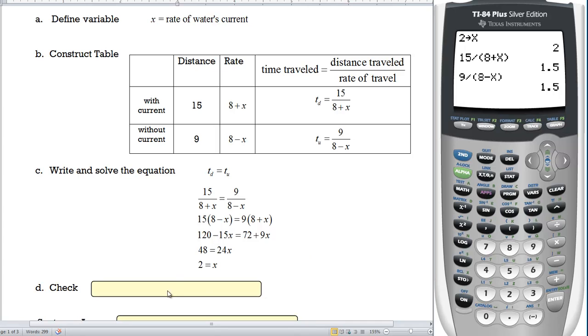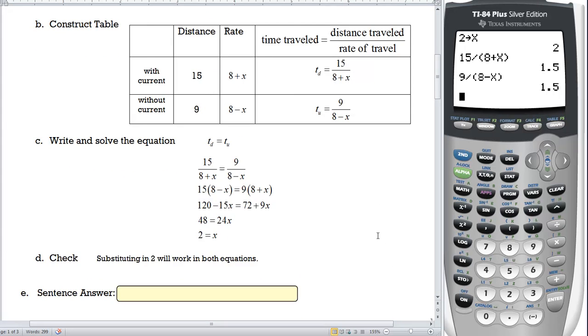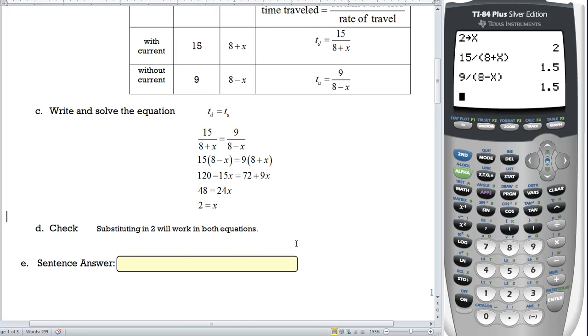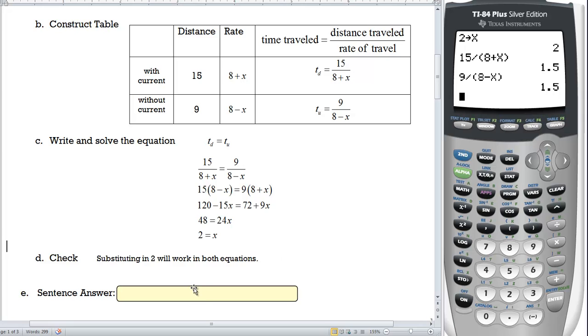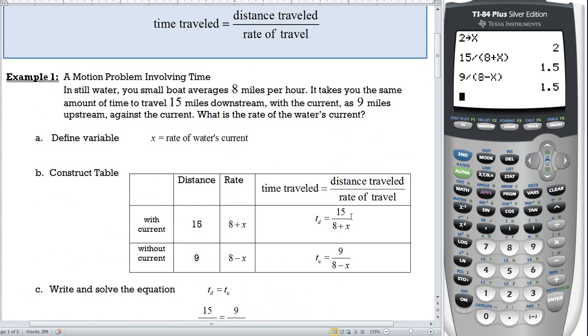Notice they're the same thing, so it does check. My sentence answer, well, I've got to answer the question, what is the rate of the water's current? Well, the water's current is going at 2 miles per hour. So there's that one, and this is a distance or motion problem involving time.